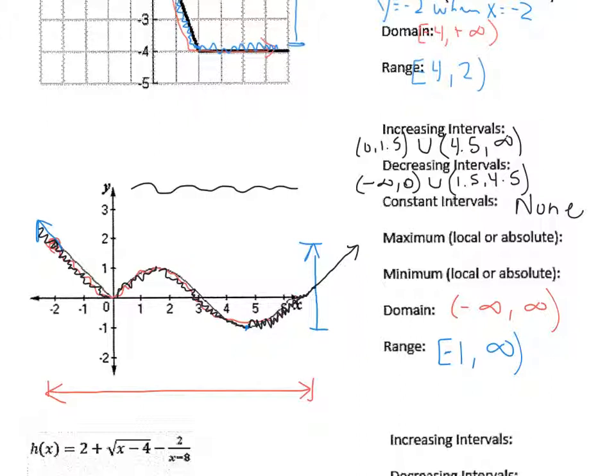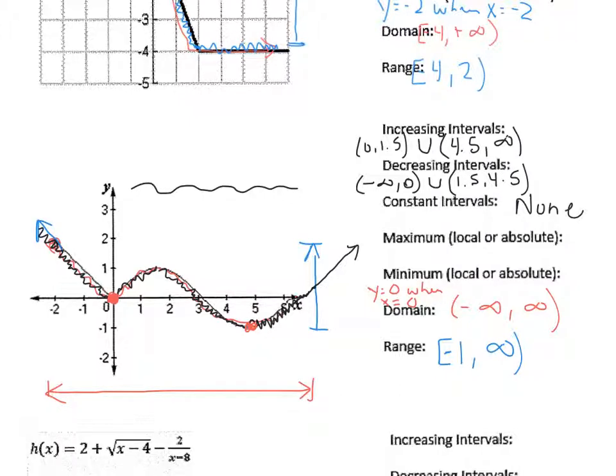Right here we have a change from decreasing to increasing, so that is a minimum. So my minimum is y equals 0 when x equals 0. I have another minimum over here at, we decided earlier, about 4.5 at -1.